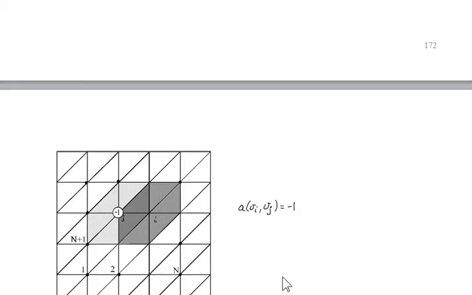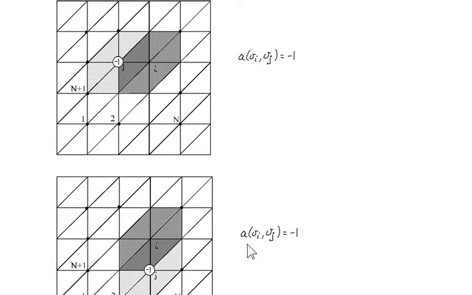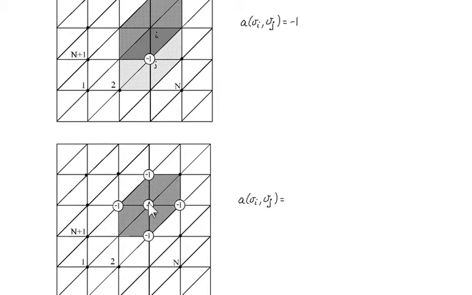Similarly, if j is a node to the right of this point, we get -1, and if j is below, we also get -1. So we can symbolize this with this figure. We are placing ourselves in this node, and we write 4 here, -1 to the right, -1 above, to the left -1, and below -1.